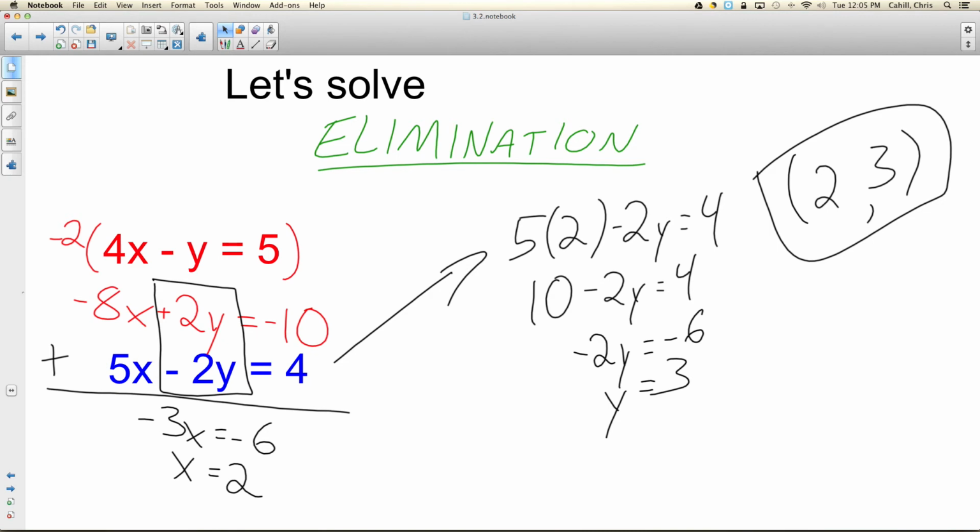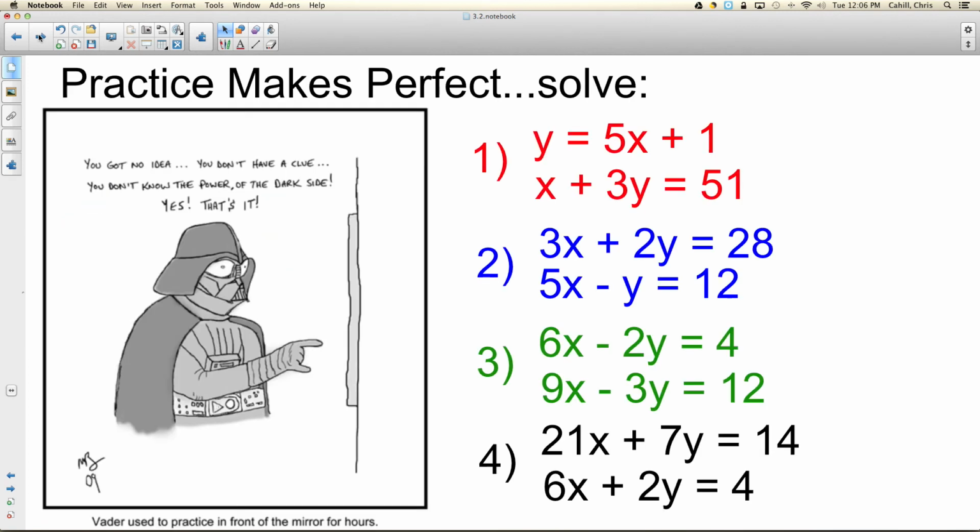If there are lingering questions, don't worry. They may be answered by practice. All right, so we got 4 questions up there. Feel free to work together on these problems. If you want to work by yourselves, go for it.